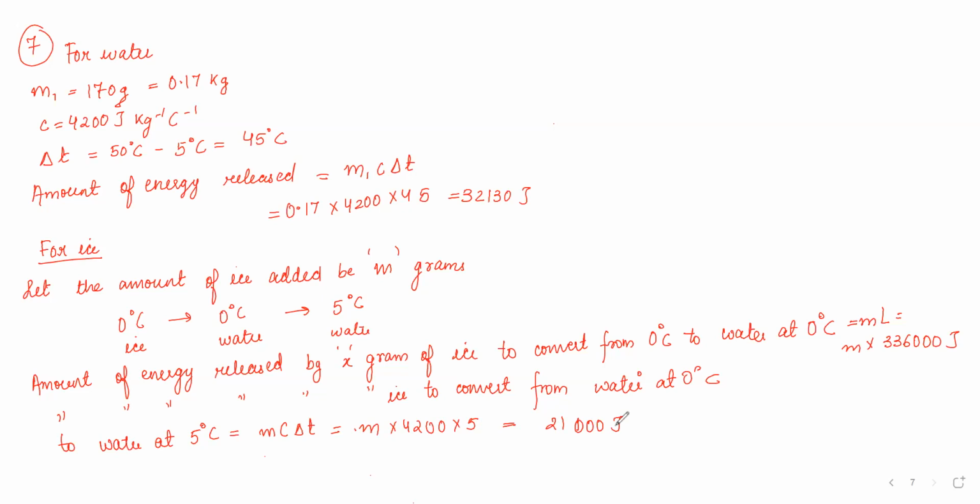M into 21,000. So what you can do for your ease, you can take this one as E1, this one as E2, and this one as E3. Then what you will be writing?